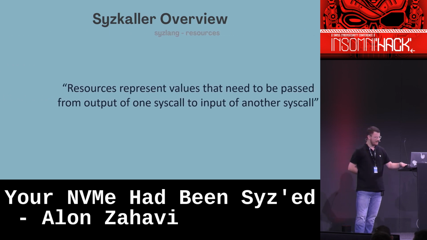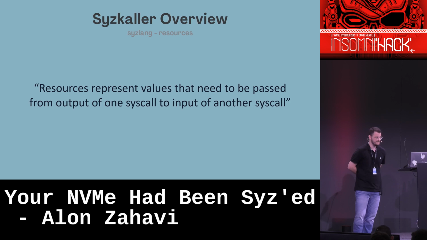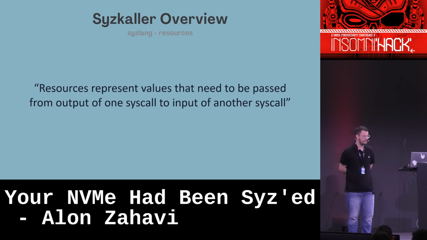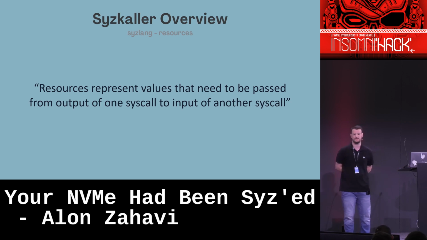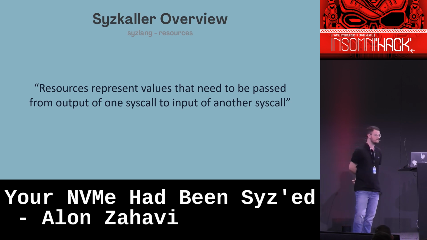So as I said, we have the resource fd_my_file, and from the documentation of Syzkaller, you can see that resources represent values that need to be passed from one output of a syscall to another.